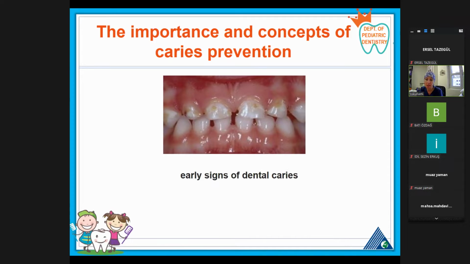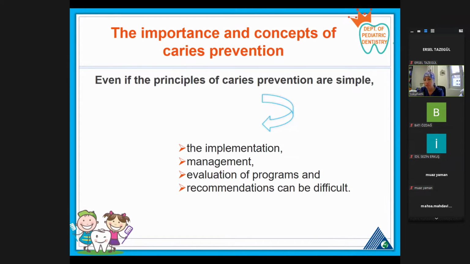But when we see these kinds of early signs of dental caries, we, as I mentioned, focus on the parents' diet and education of the individual. So even if the principles of caries prevention are simple, the implementation, management, evaluation of programs, and recommendations can be difficult.